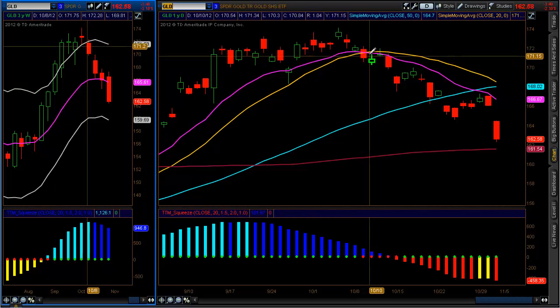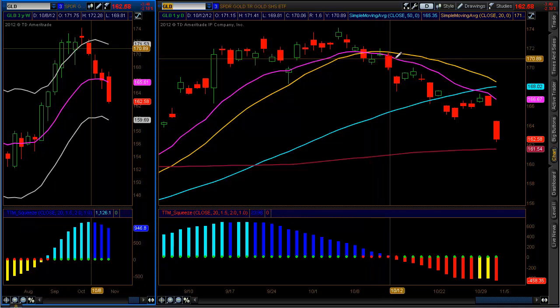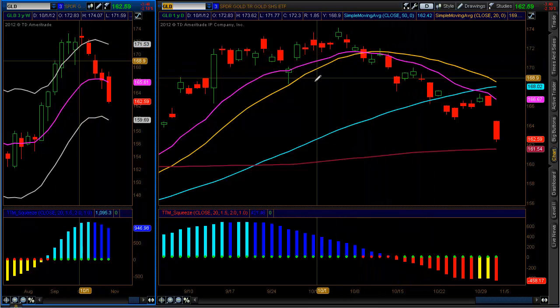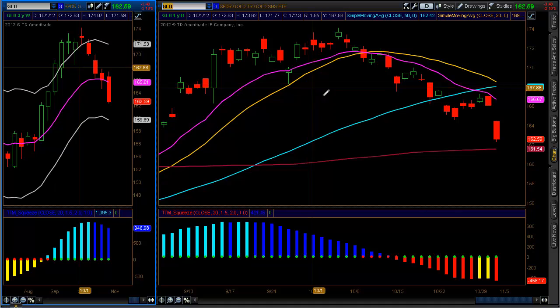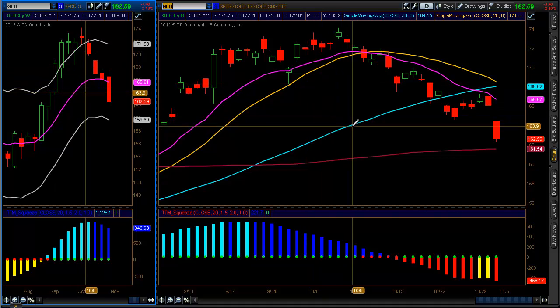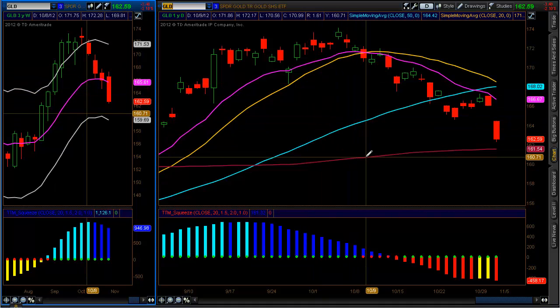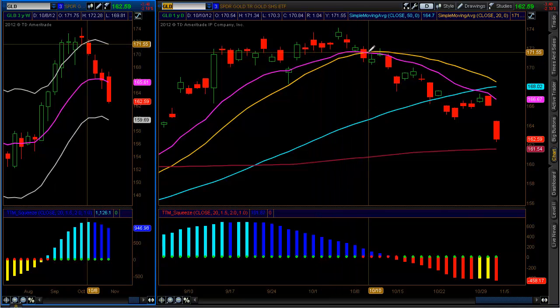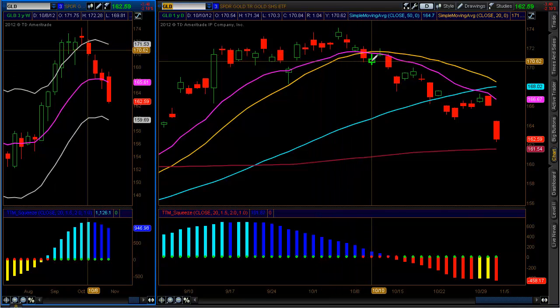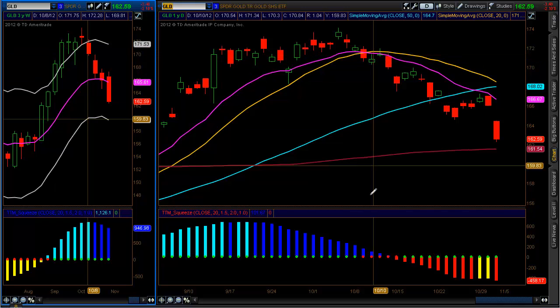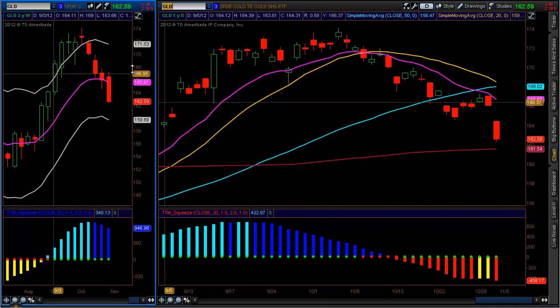And as we crossed under these moving averages, and here I have a 13 EMA, that purple line, and then the yellow is a 20 simple, 50 simple for the blue, and then a 200-day simple moving average. So as the moving averages start to roll over here as well, on October 10th, you can see we took a short trade on this day, partially because the momentum's rolling over.